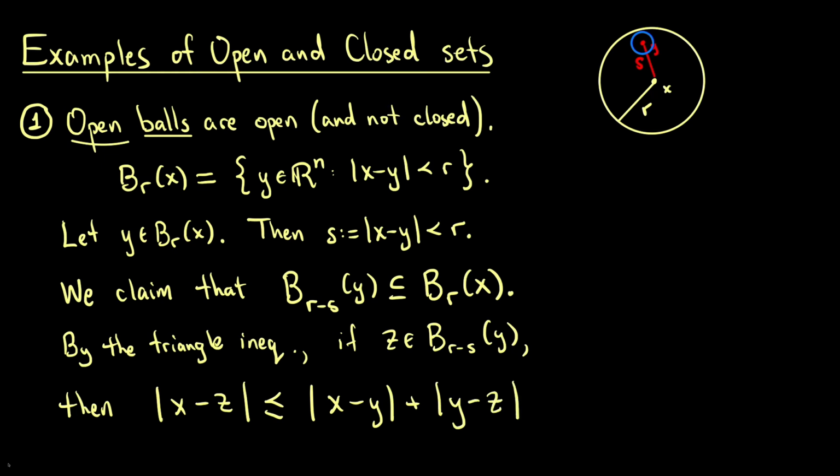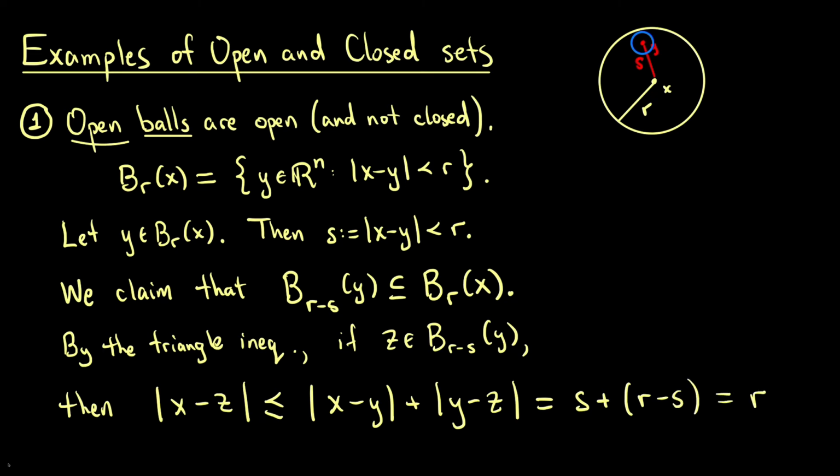The distance from x to z is less than the distance from x to y plus the distance from y to z. And now I see that actually I have equality here. So I have, this is equal to s plus r minus s, which equals r.